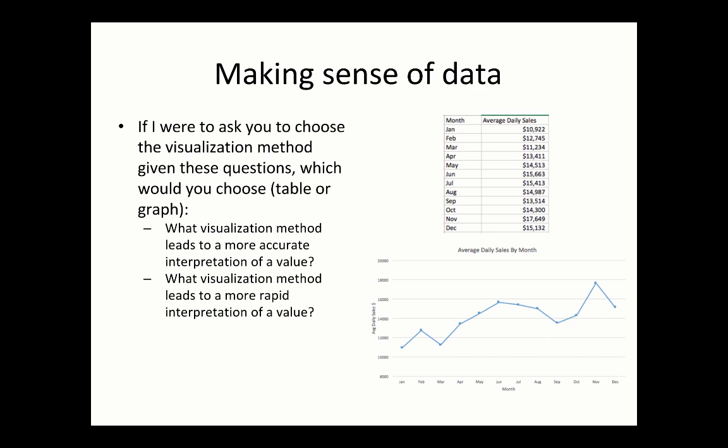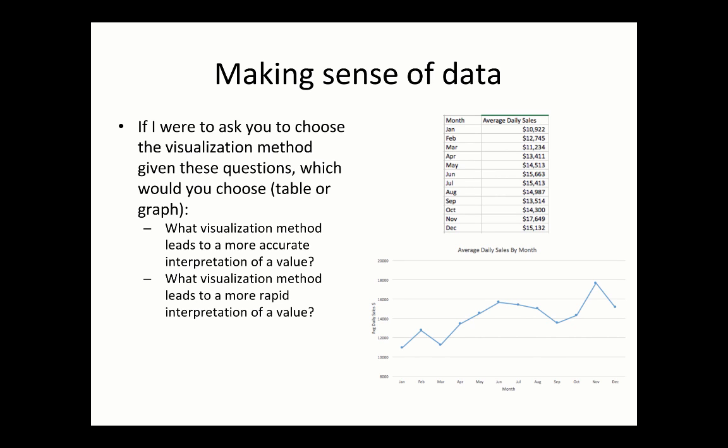Consider this for a moment. If you had to choose the precise average daily sales for the month of May using just the graph, how would you do that? Well, let's talk through the steps. First, you would have to find the month of May on the graph.